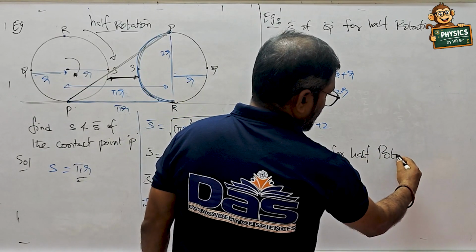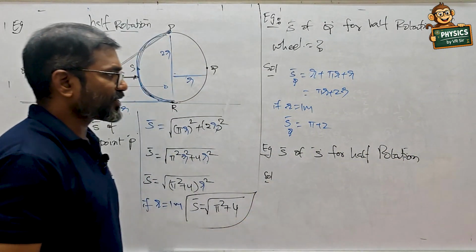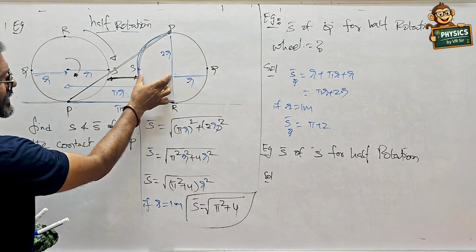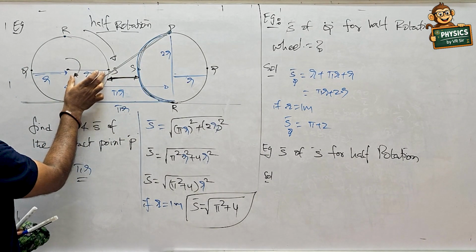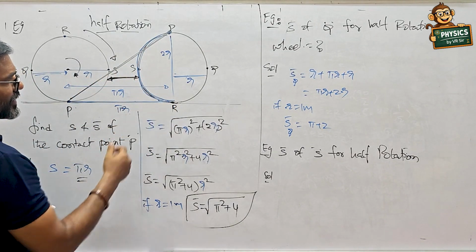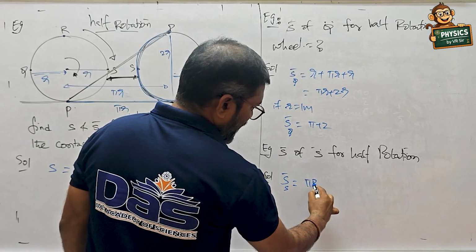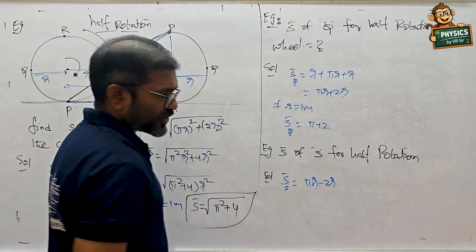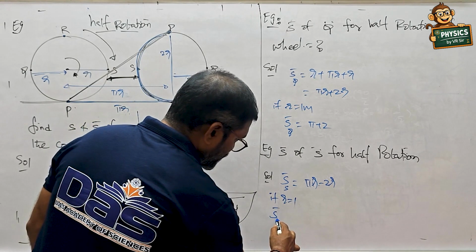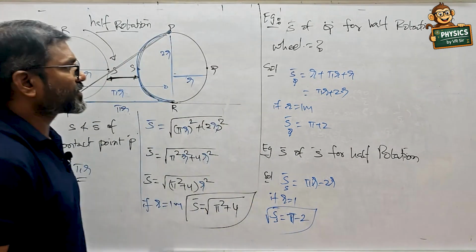How do you take it? Look here. This total is pi r and this is r, 2r. Out of this pi r and r we have to subtract. Then displacement of S is pi r minus 2r. And of course, if r is equivalent to 1, the displacement is pi minus 2. This is the answer.